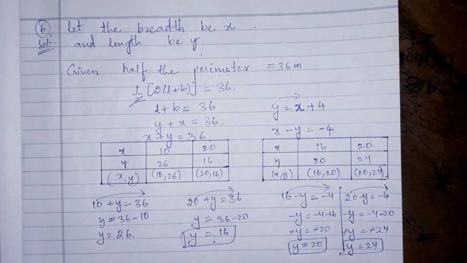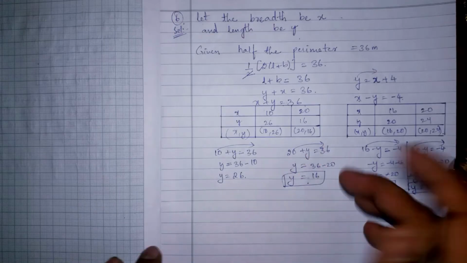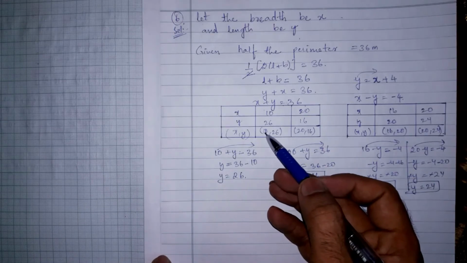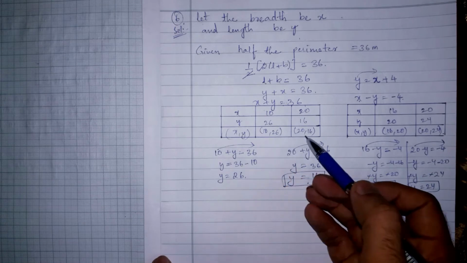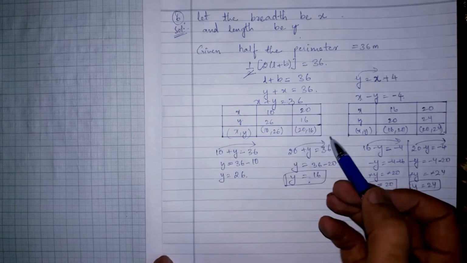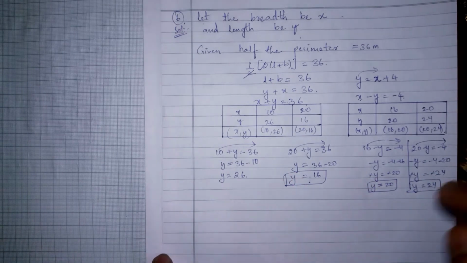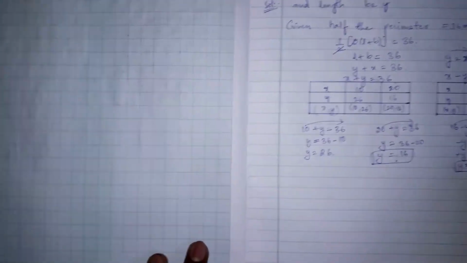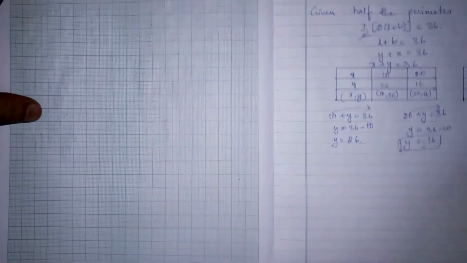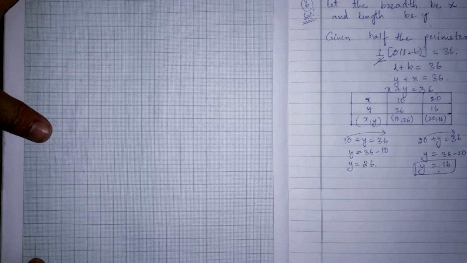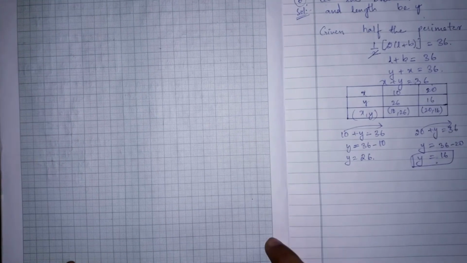Let us draw the graph. Here you can see the values are extremely big, like 10, 26, 20, 16, like that. So if the values are this big, then we have to draw the graph from the extreme ends.